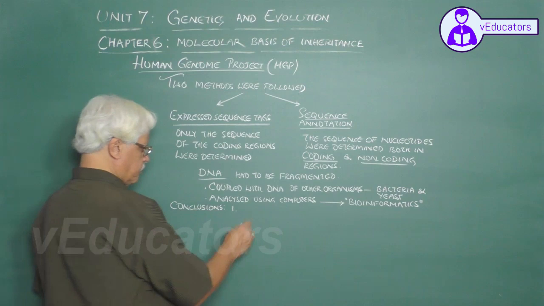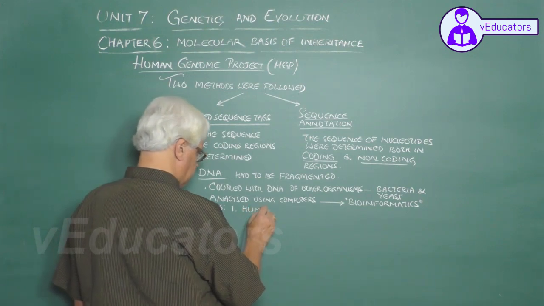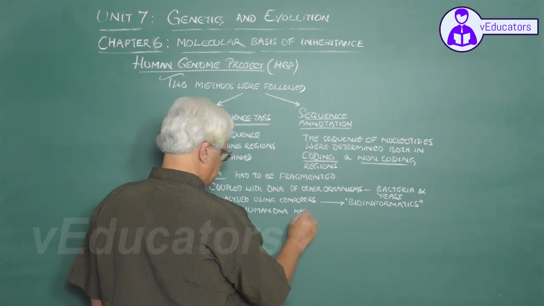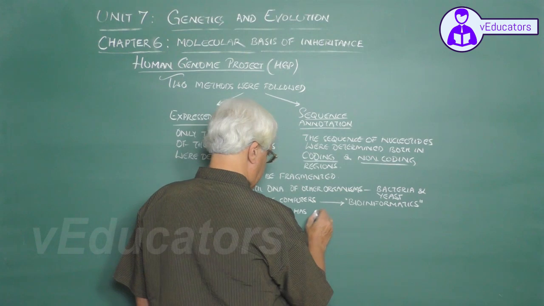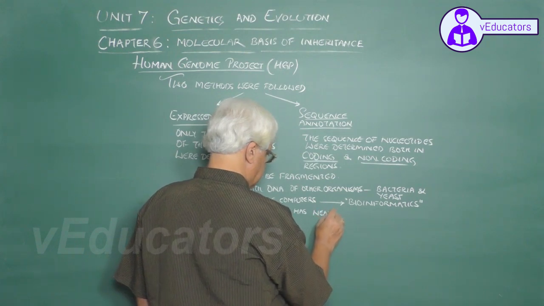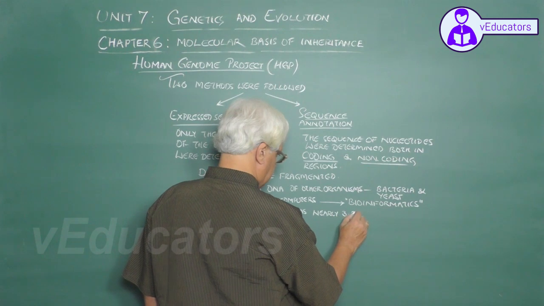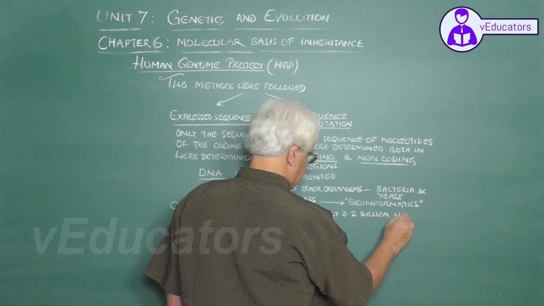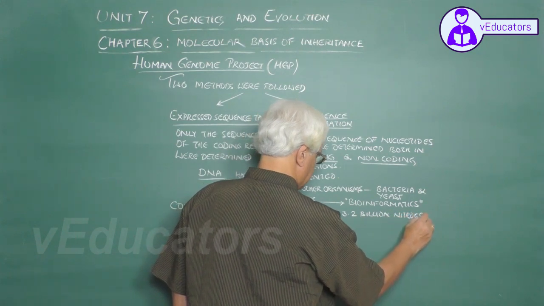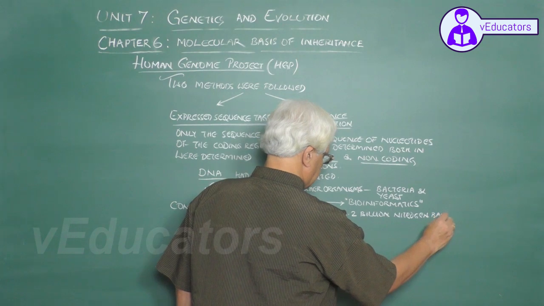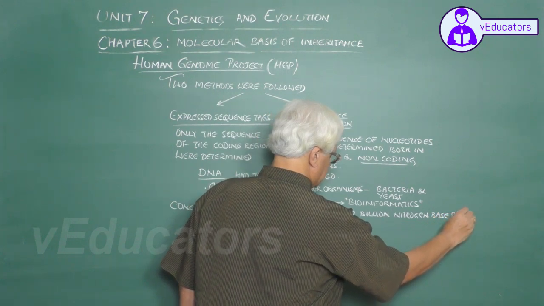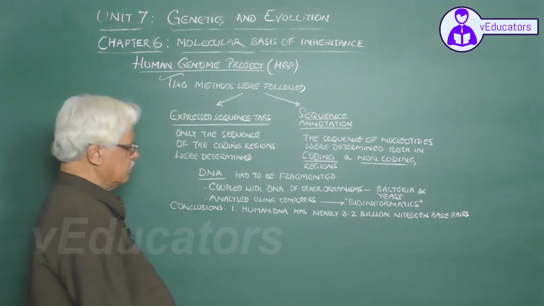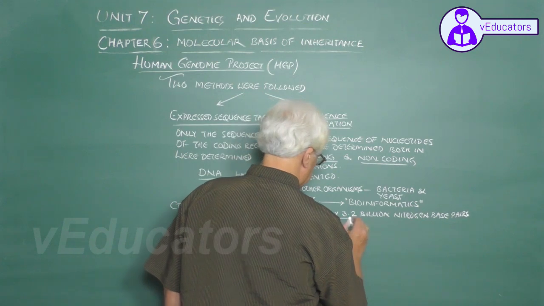The human DNA has nearly 3.2 billion nitrogen base pairs.